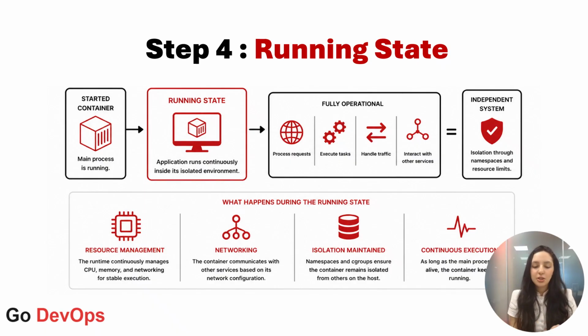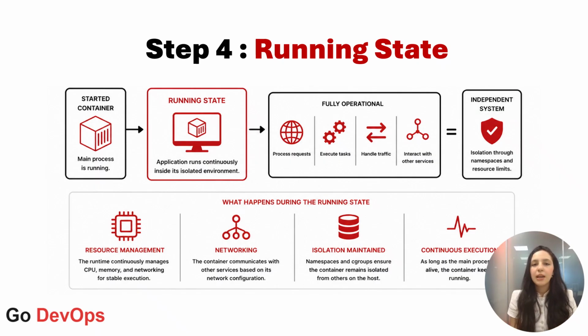So at this stage, the container is fully operational, so it can process requests, execute tasks, handle incoming traffic, and interact with other services depending on its configuration. So even though it is running on the same host as other containers, it behaves like an independent system thanks to its isolation through namespaces and resource limits.